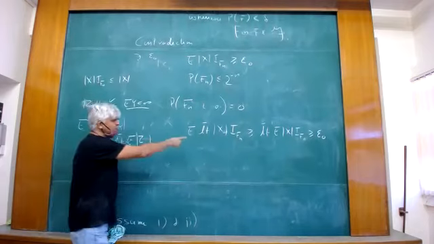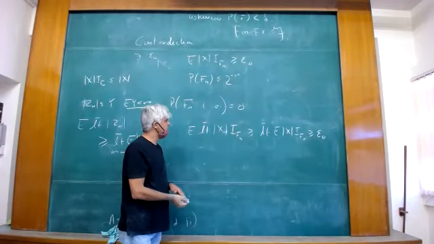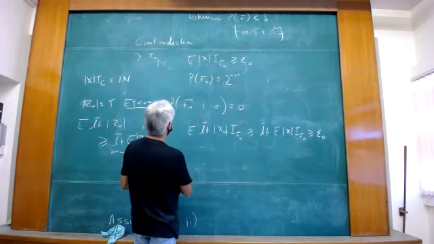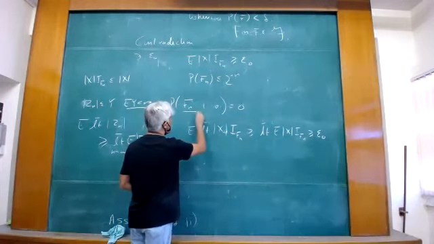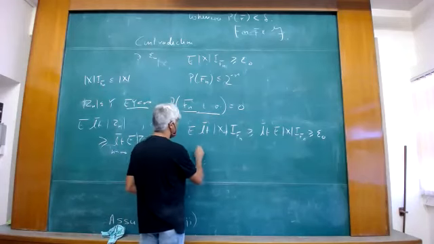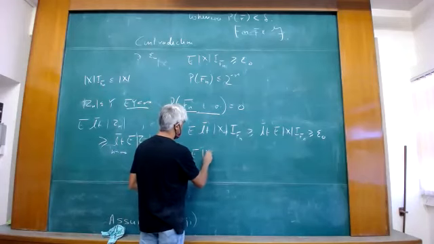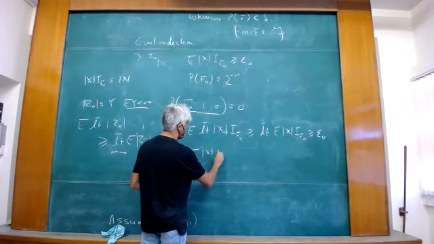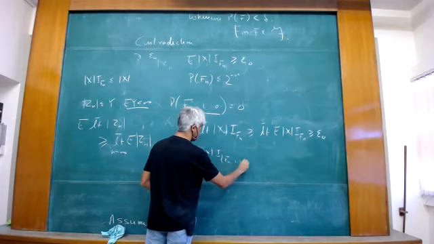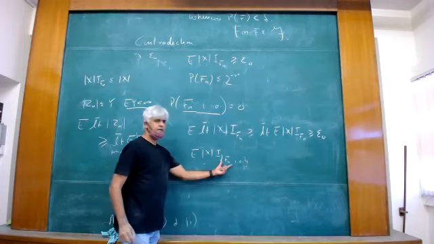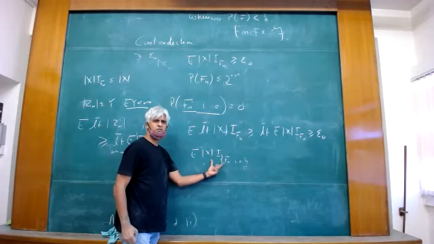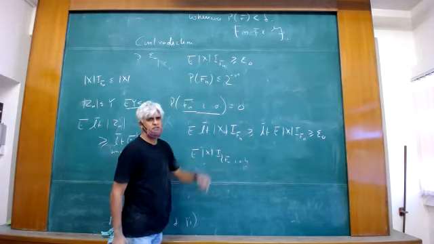And this is just 0, right? Because this is exactly the element that we showed, this guy here. So it's just E of X times the indicator, and this indicator is 0 almost surely. So this whole thing is 0 almost surely. So this is 0. So that gives you the contradiction.